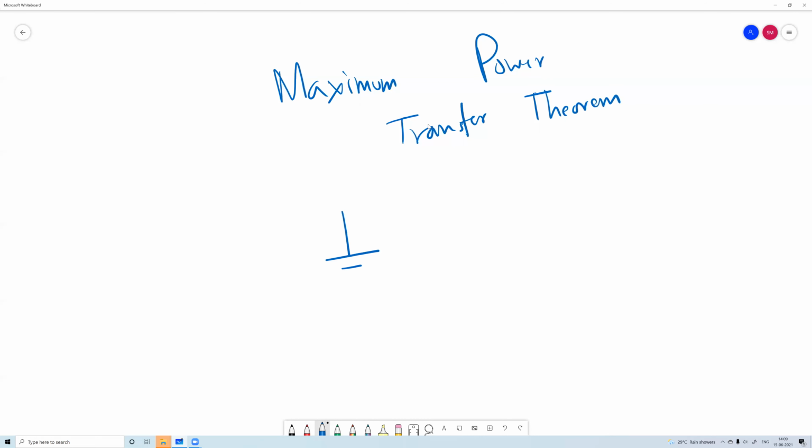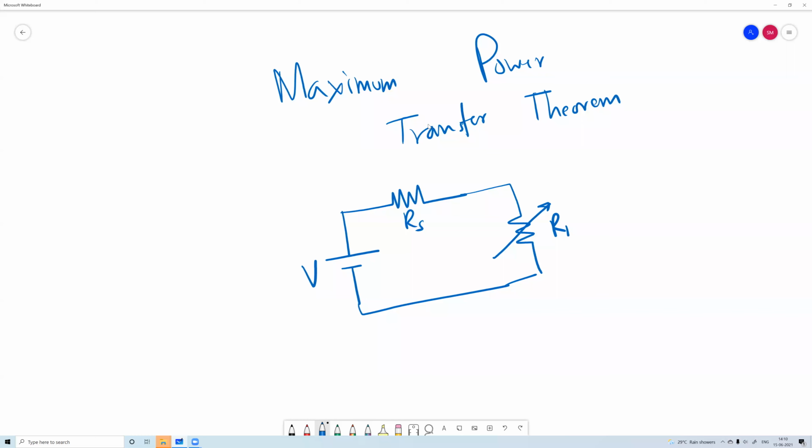Suppose I have a voltage source V with a series resistance Rs, and connected to it is a variable load resistance RL. Now, can you guess for what value of RL the power transferred to RL would be highest?